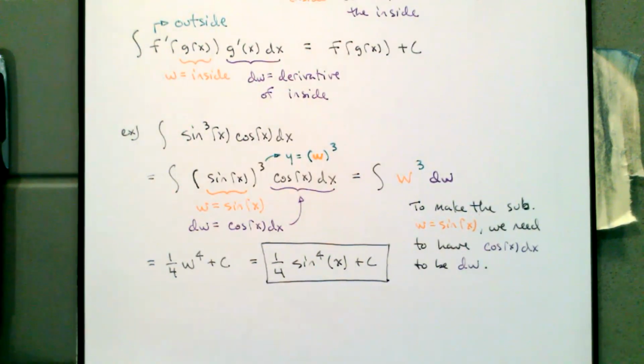So it's not just how we pick what substitution we're going to make, but how we know we can make that substitution. What else do we need to make that substitution happen?